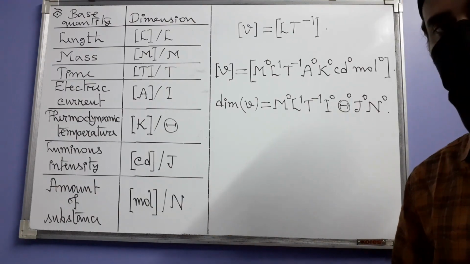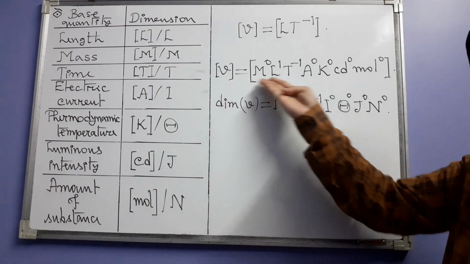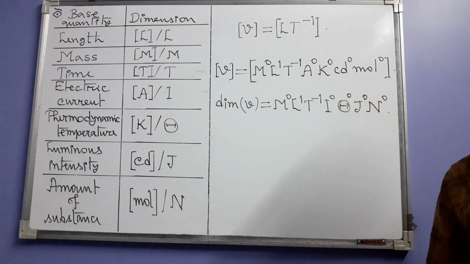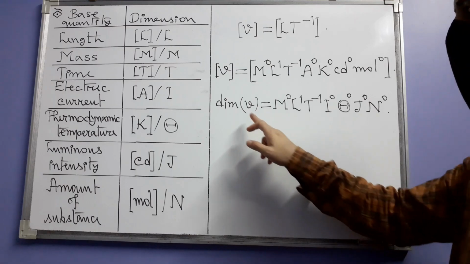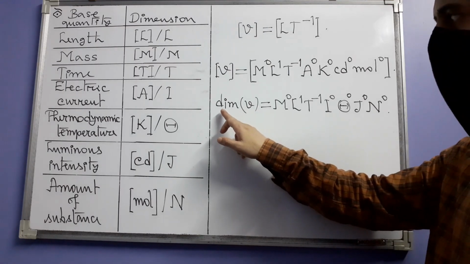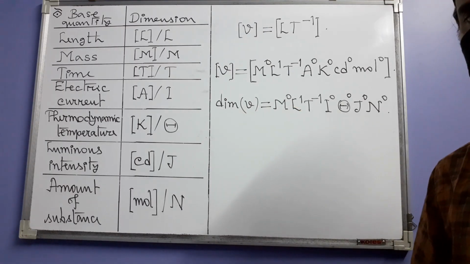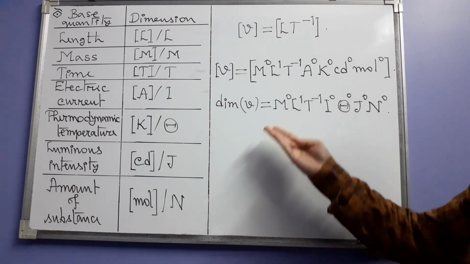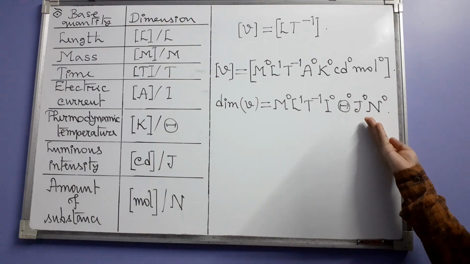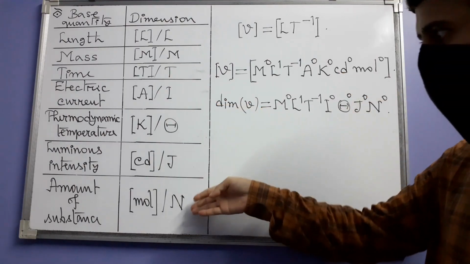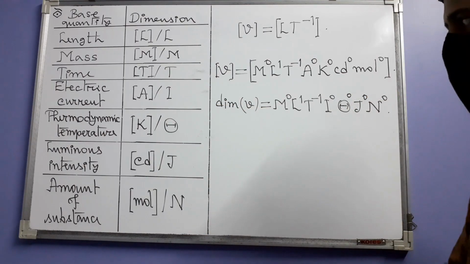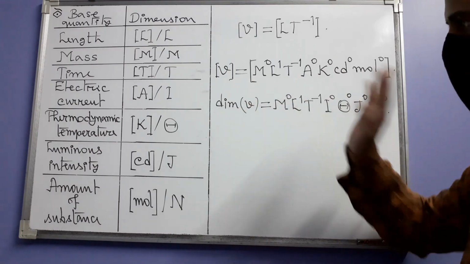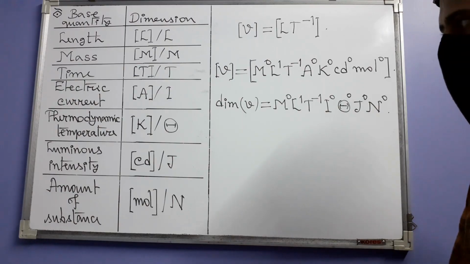For them it's capital N. And this same equation, in their notation they would write like this. They do not use square brackets. Instead, for dimension they simply write dim. Dim of V means dimension of the quantity velocity, and that is this. The meaning is same, but the notations are different. We won't follow these notations, okay. We are going to follow the square bracket notation.